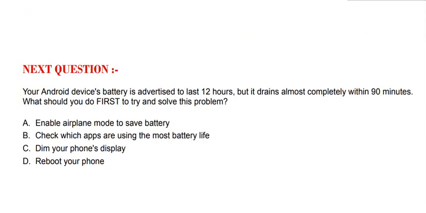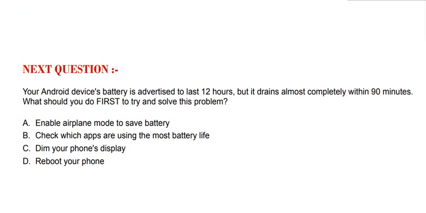Next question is, your Android device battery is advertised to last 12 hours, but it drains almost completely within 90 minutes. What should you do first to try and solve this problem?